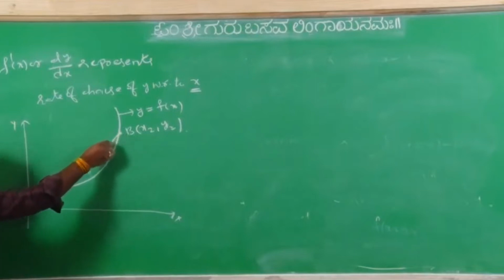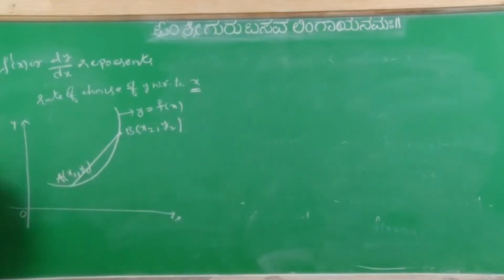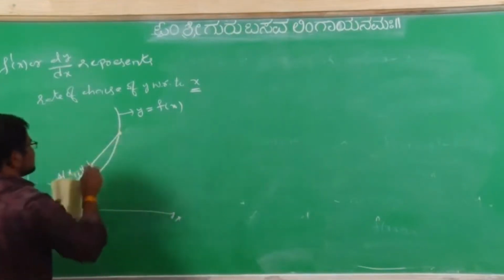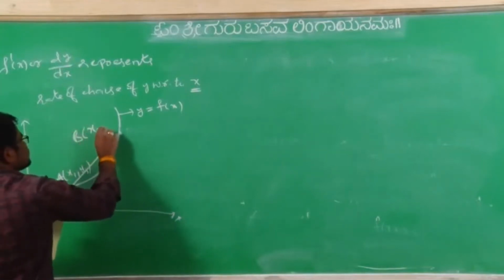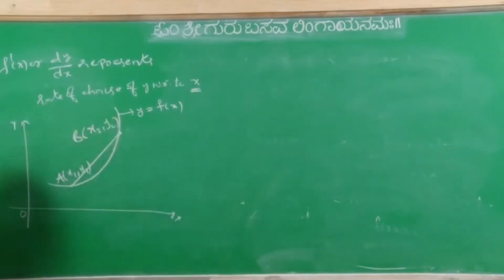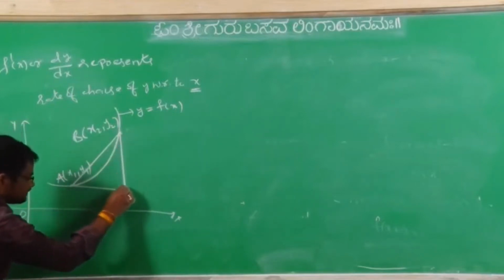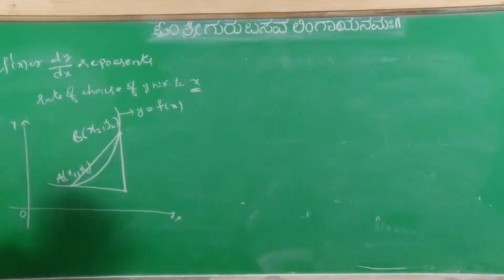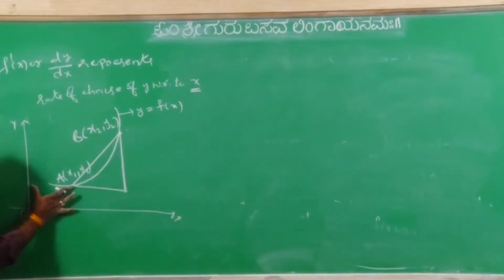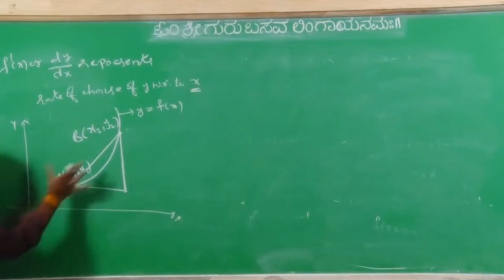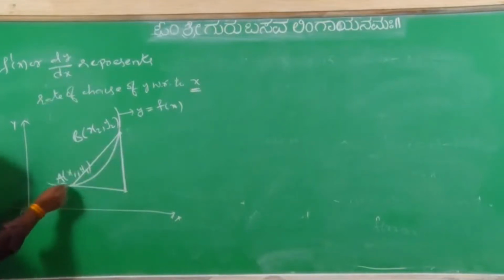Join these two. This is the x-axis and this is the y-axis. Here point x1 comma y1, here x2 comma y2. So here to here distance is x1.